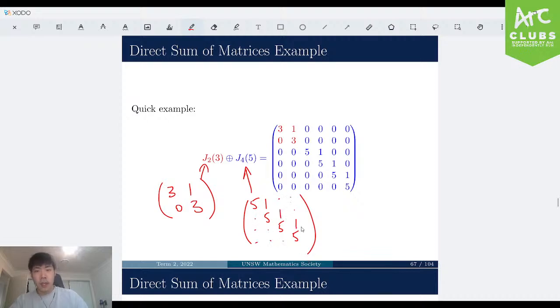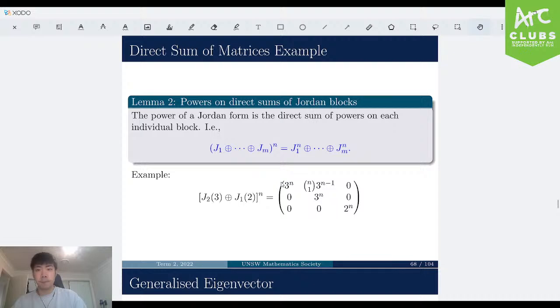Okay? And the direct sum between these two matrices will just become this big matrix here, where you have your J23 here and your J45 here. And then the remaining rows and columns you just pad out with zeros. Okay? That should be quite straightforward.